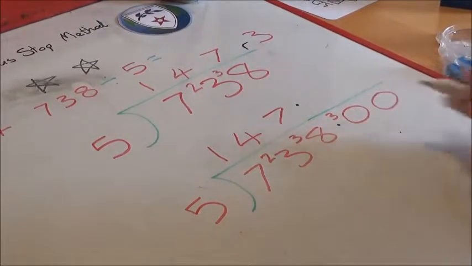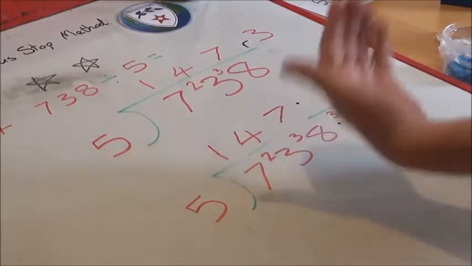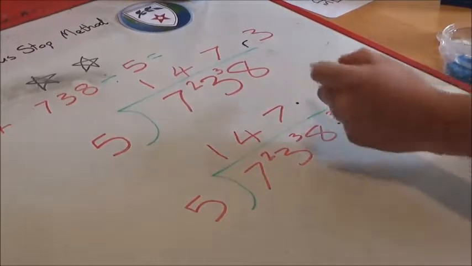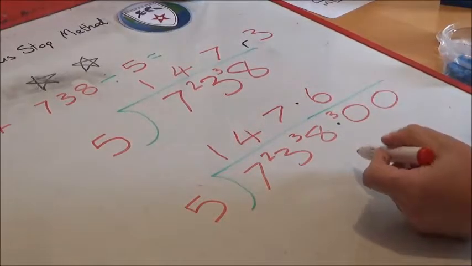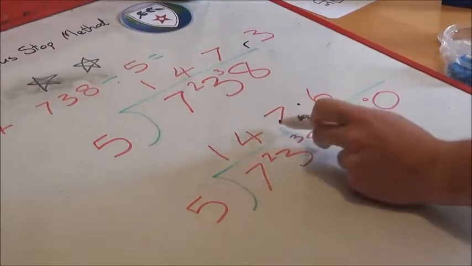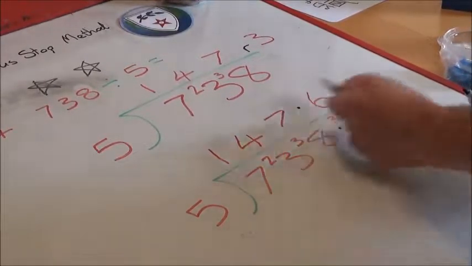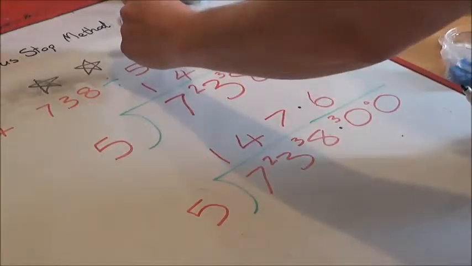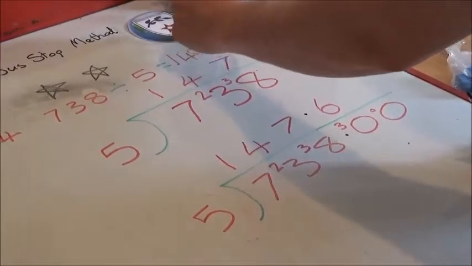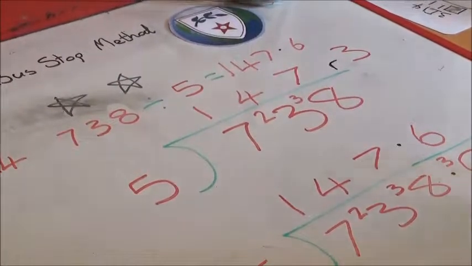So again, how many times does 5 go into 30? 5, 10, 15, 20, 25, 30. 6 times with nothing left over. So actually, don't need to do that. So 147.6 or 147 remainder 3. I'm going to write this because I prefer decimals. So 147.6. That's my answer.